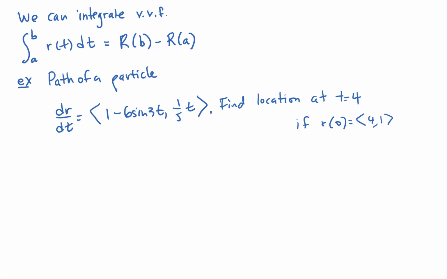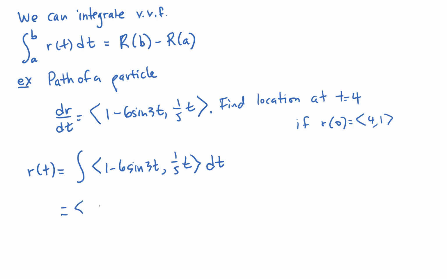So we can find r of t by taking the integral of that vector with respect to t. We can solve this to get the vector t plus 2 cosine of 3t, and 1 over 10 t squared. Of course, there's some constant that gets added on.